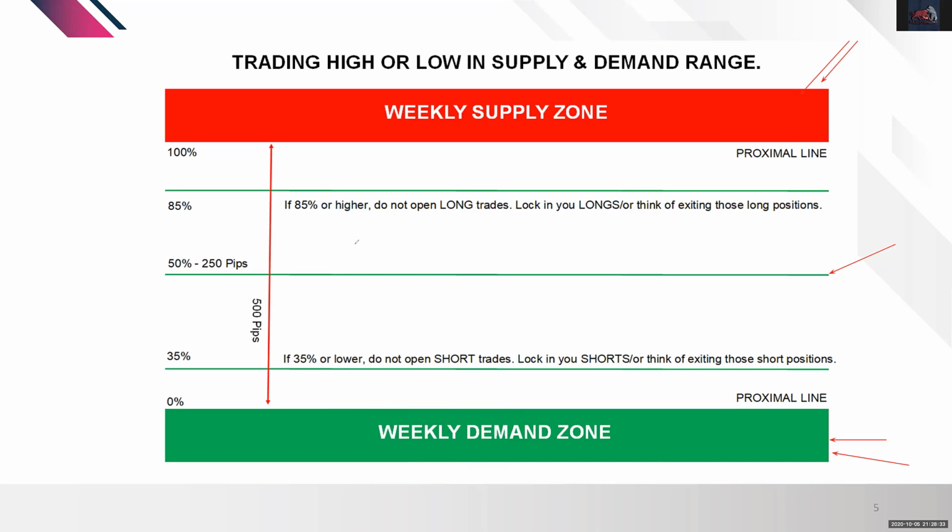You see? So now to the upside, if price is 85% or higher, you do not have to be looking for buying opportunities there. You are looking to take your profit on the long positions that you have taken when price was down here. If you bought down here on the demand and you see price approaching 85% or higher of the range, then you're looking to be what?